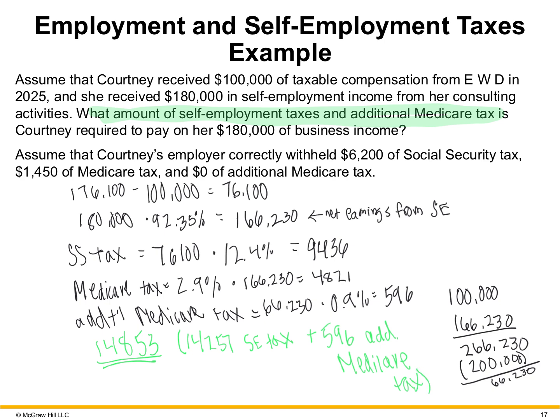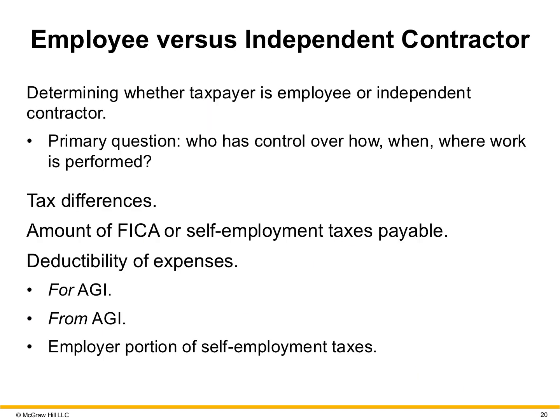An important topic to consider for a taxpayer is whether or not they are an employee or an independent contractor. And this distinction is important because the classification determines what level of taxes they are responsible for.